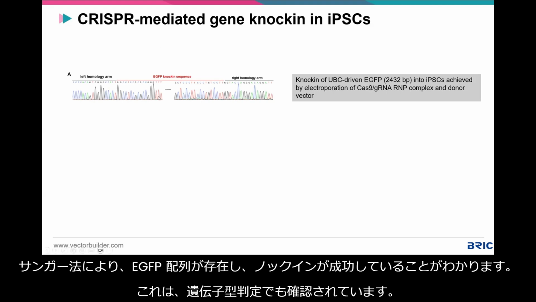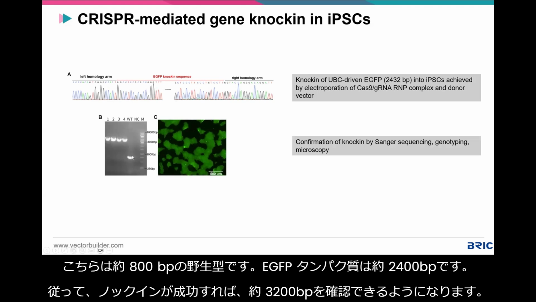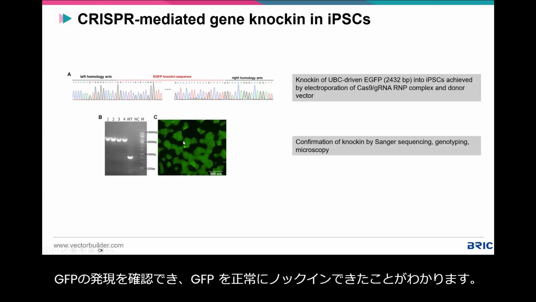And here through Sanger sequencing, you can see that the EGFP sequence is present and knock-in is successful, which was also identified using genotyping. This is the wild type, which is around 800 base pairs, and the EGFP protein is about 2,400 base pairs. So if the knock-in is successful, you'll be able to see it around 3,200 base pairs, which you do. And you can also see expression of GFP in here, indicating that we were able to successfully knock in GFP.